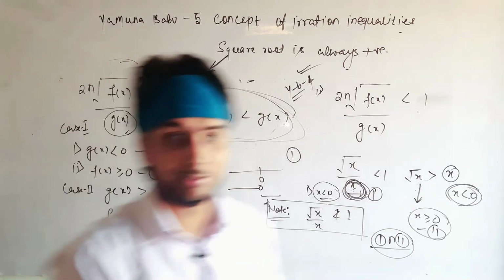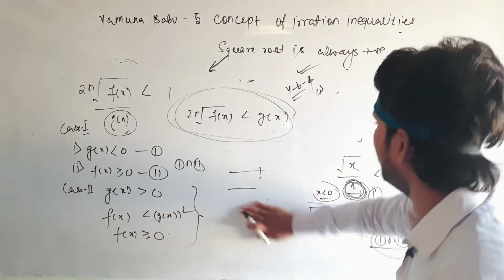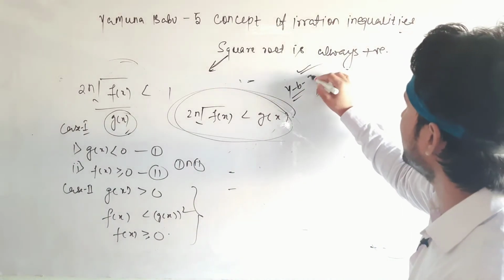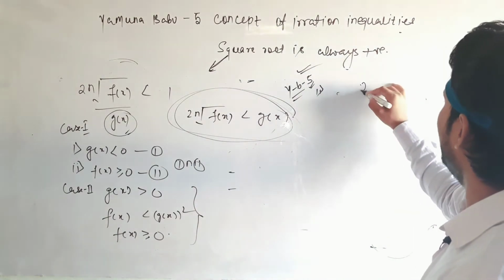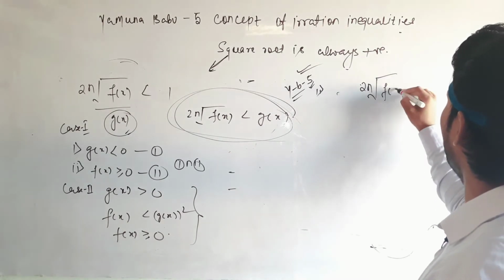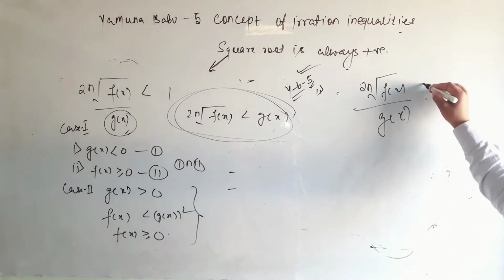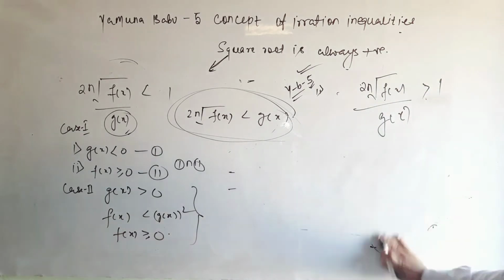Okay, and the last YB concept, number 5. What does it say? It says that the 2nth root of f(x) upon g(x) is greater than 1.